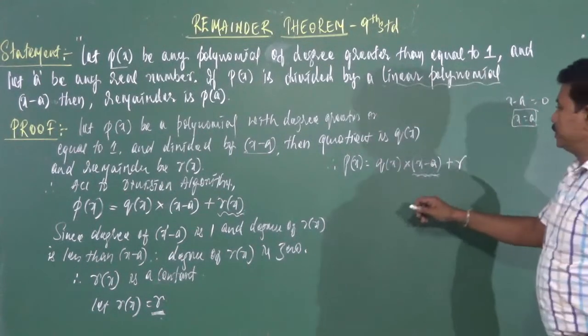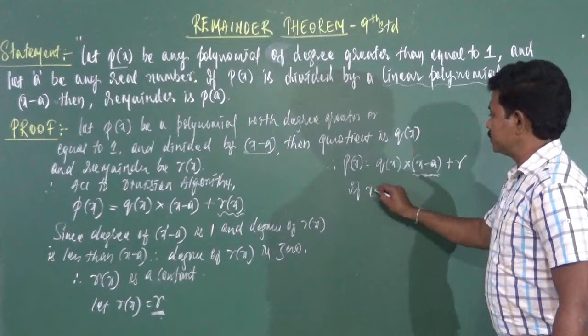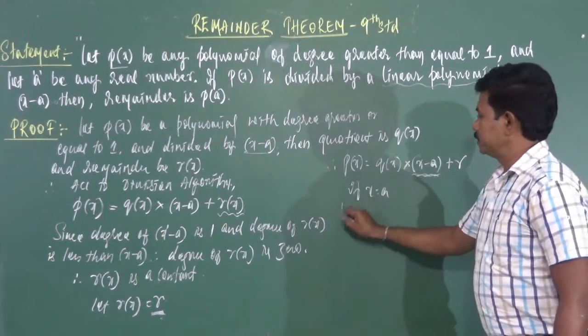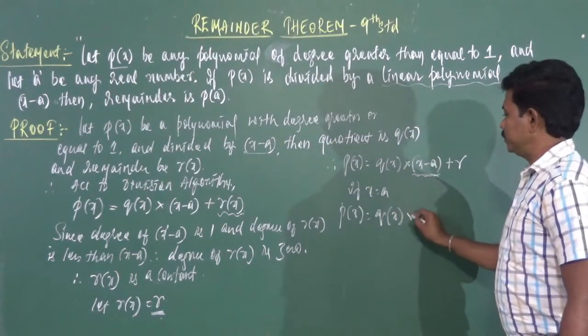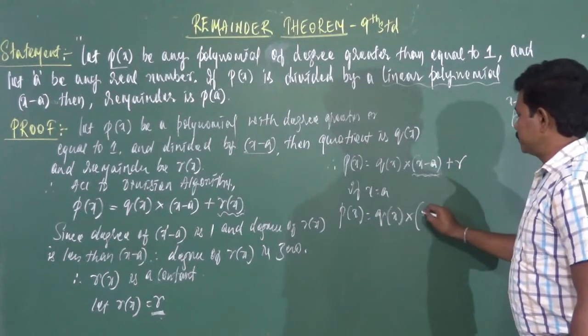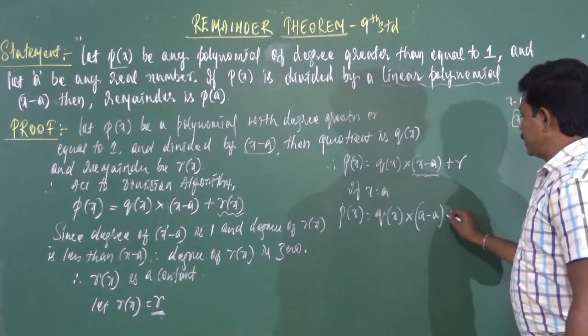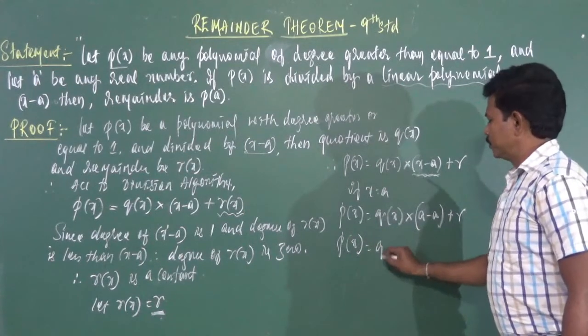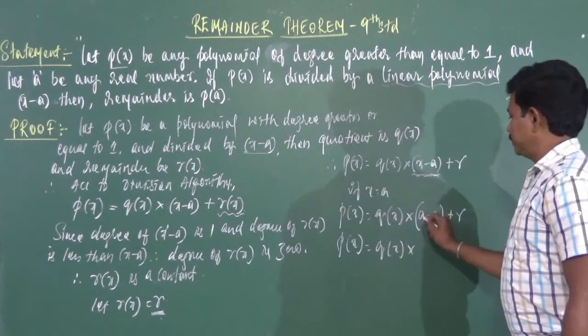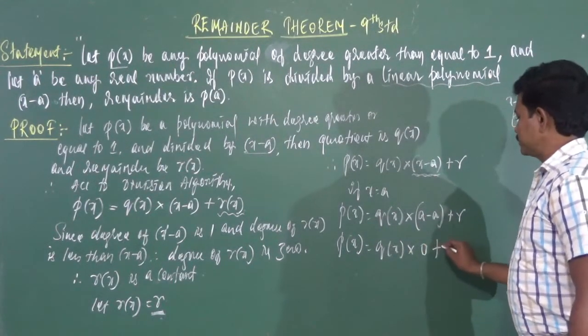So therefore if x is equal to a, then what happens? p of x is equal to q of x into, in the place of x I am going to substitute a, a minus a, plus r. So p of x is equal to q of x into a minus a, which is 0, plus r.